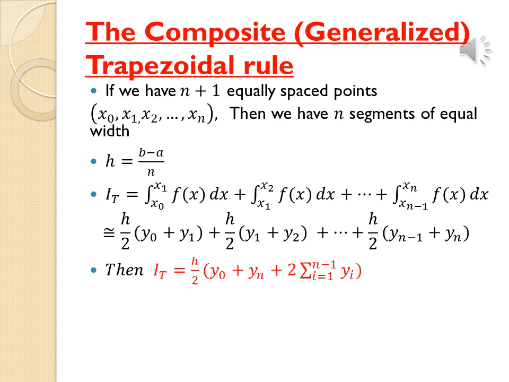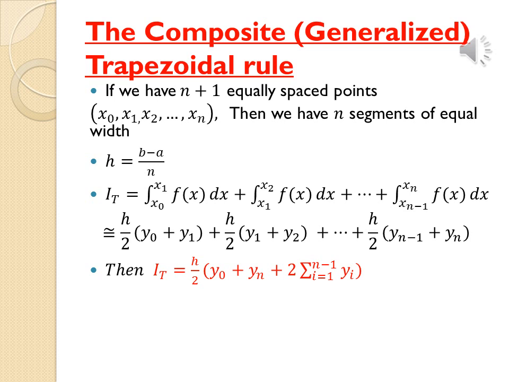We proved the trapezoidal rule before, but only for 2 points. What was it? Trapezoidal equals h over 2 times y naught plus y1, the first point plus the last point. But if we want the generalized trapezoidal rule, what does generalized mean?